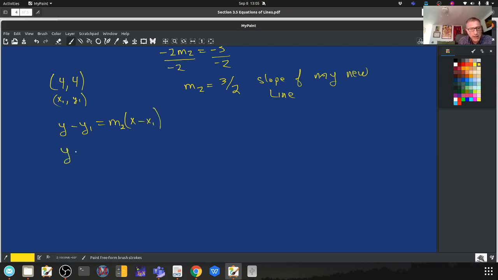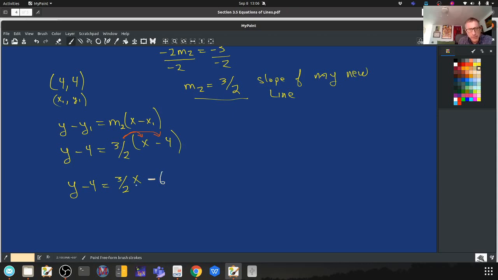So y minus 4 is equal to my m2 value I discovered to be 3/2 times x minus 4. So again, we've got to simplify this. So I have y minus 4 is equal to 3/2 x. I'm just using distribution again. And minus 4 times 3/2 is the same as minus 4 divided by 2, which is minus 2, times 3. So that's minus 6.